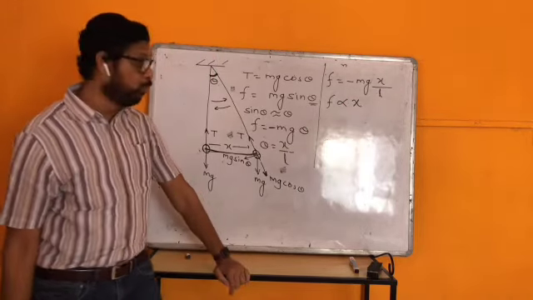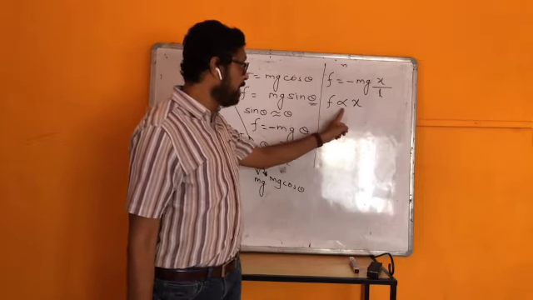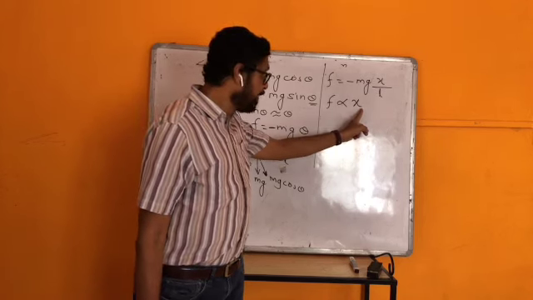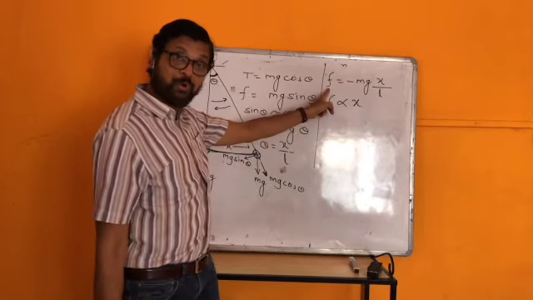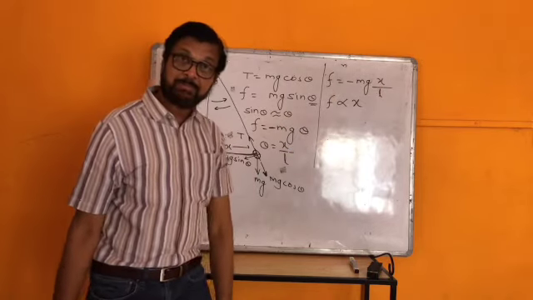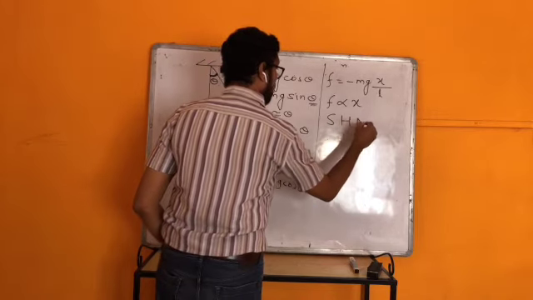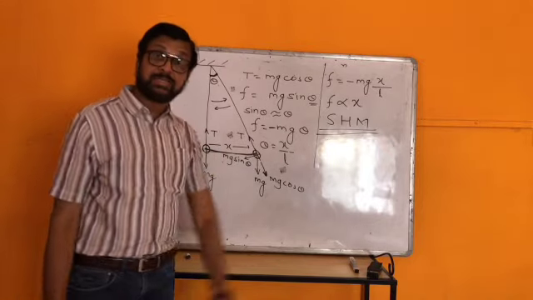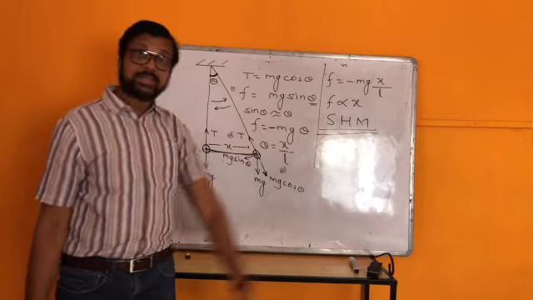So the restoring force is proportional to x, meaning the force is directly proportional to displacement from the mean position, and the direction of force is opposite to displacement from the mean position, meaning the motion is simple harmonic motion. So motion of the simple pendulum is simple harmonic motion because both the conditions are satisfied here.